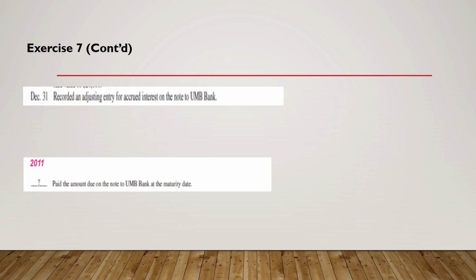Moving to the transaction on December 31st, in which it's required from us to record an adjusting entry for accrued interest on the note to UMB Bank. As we know, the adjusting entry for any accrued expense goes debit the expense and credit payable. So here it's interest, so debit interest expense and credit interest payable with the 154 we already calculated previously, for the 33 days that this note will last in 2010, since this note was taken on November 28th.